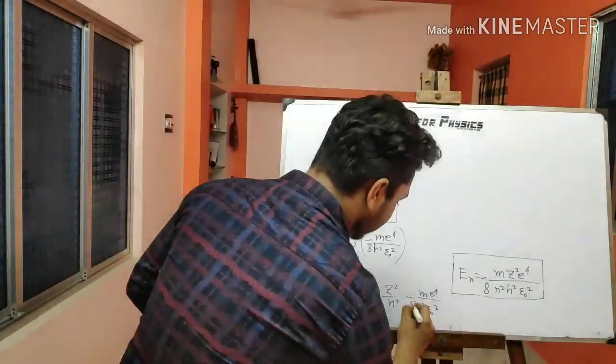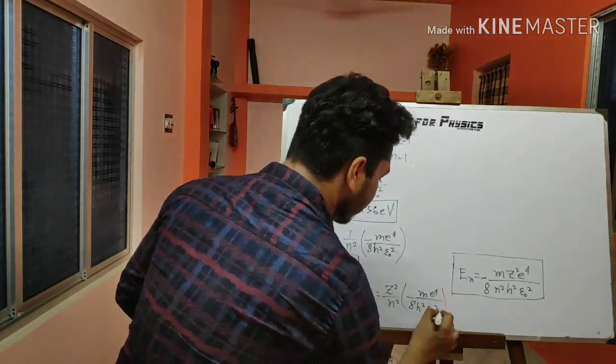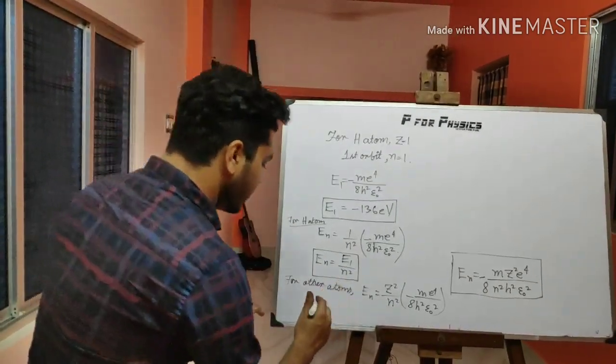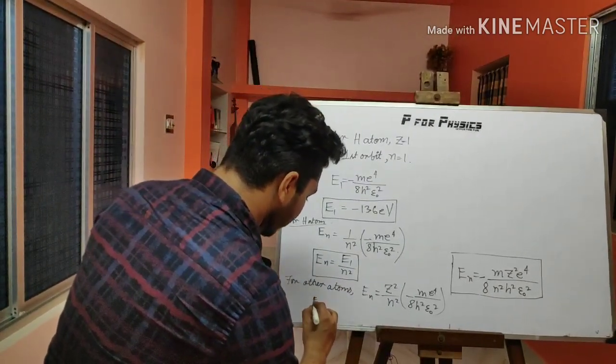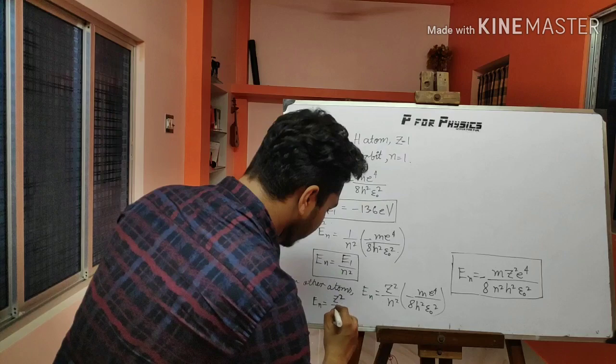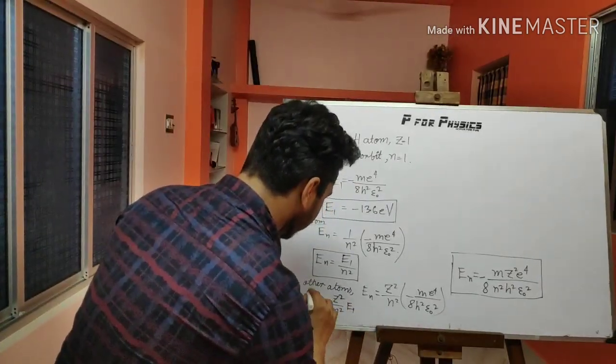Sorry, there is an 8. Again this thing is equal to E1, so En equals Z square by n square E1.